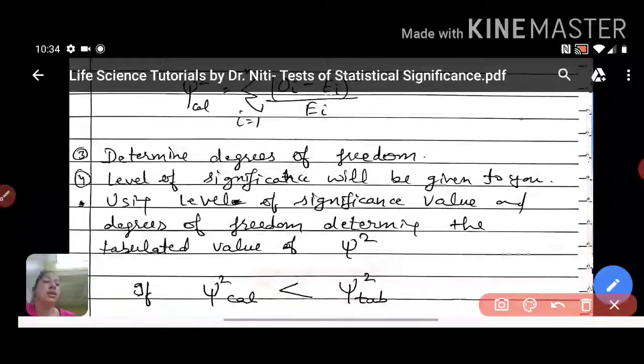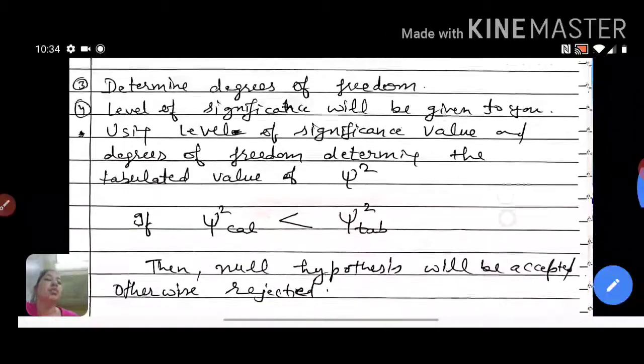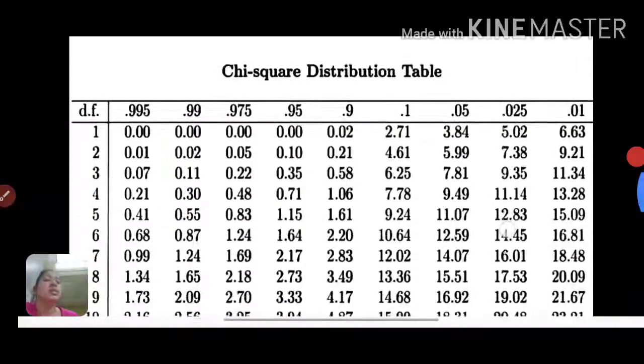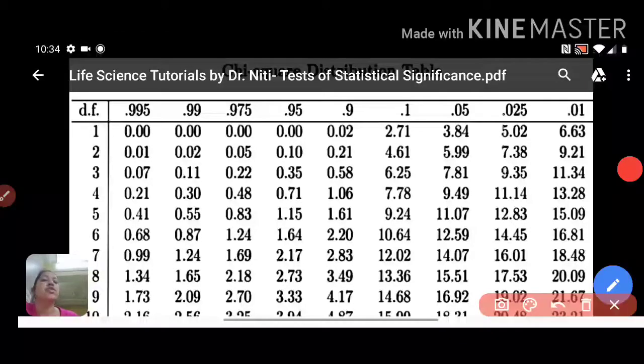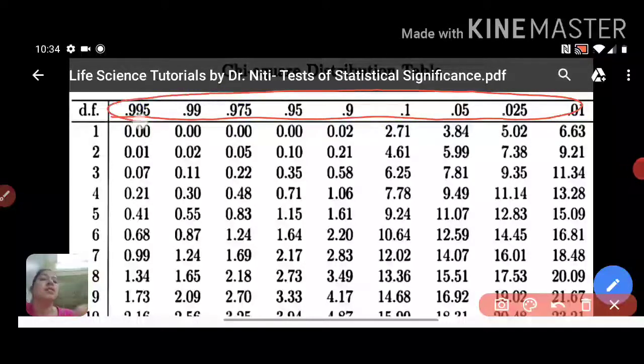Now the level of significance will be given to you in the question. By using the level of significance and the degrees of freedom, you have to determine the tabulated value of chi-square by using a chi-square distribution table. This will also be given to you. In the first row are the levels of significance, and in the first column are the degrees of freedom.